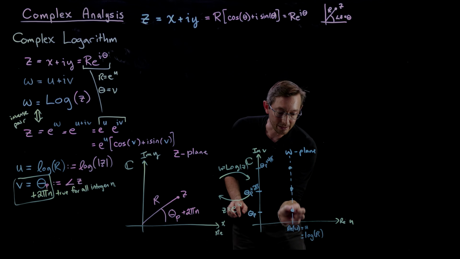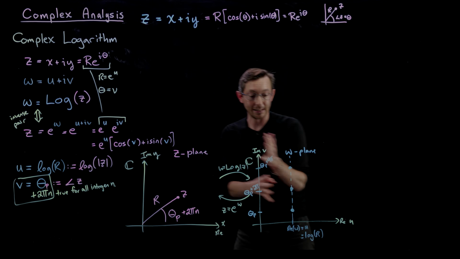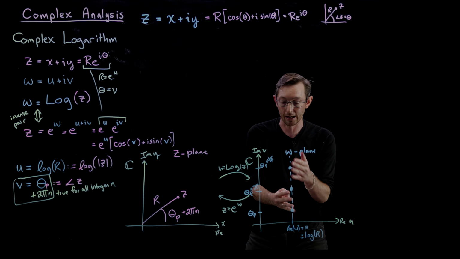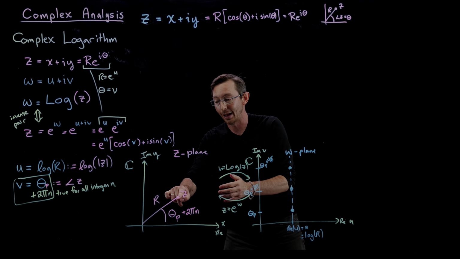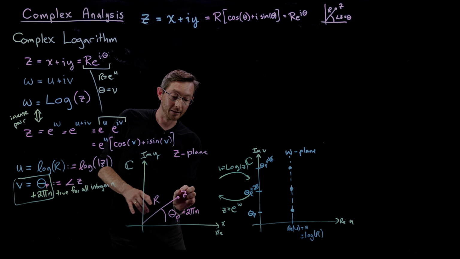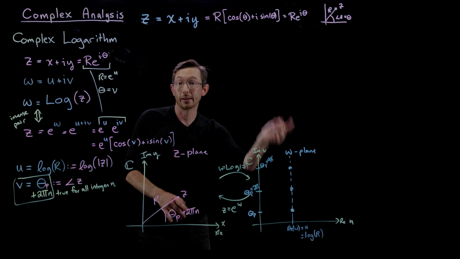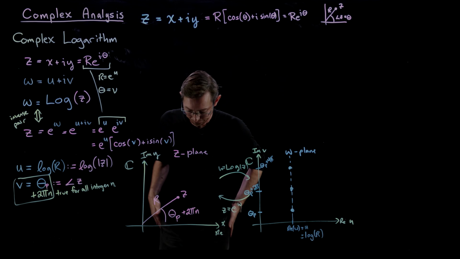So there are infinitely many points in this w plane that when I exponentiate them, when I take e to any of these blue dots, it'll map me exactly to this value z. Okay, so that's really interesting. The log of this point z has infinitely many values that are all equally valid.